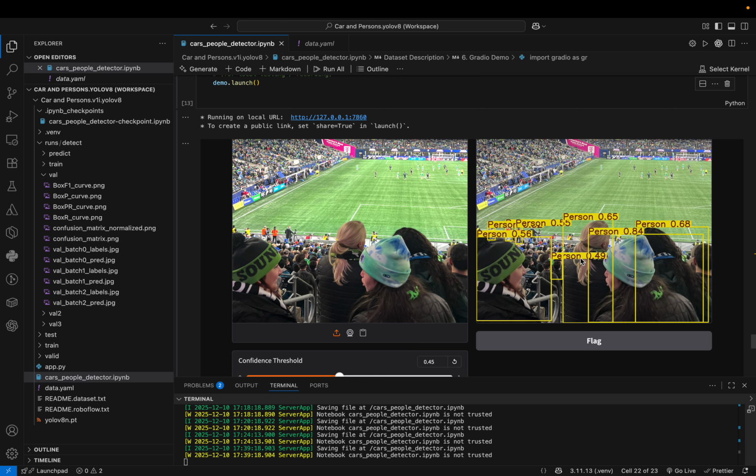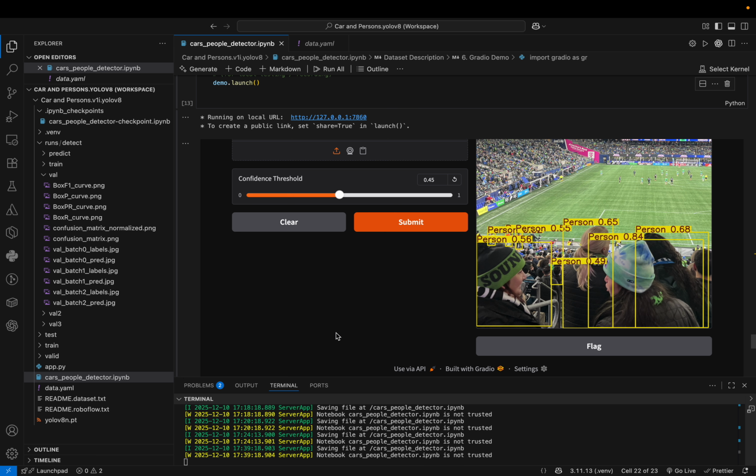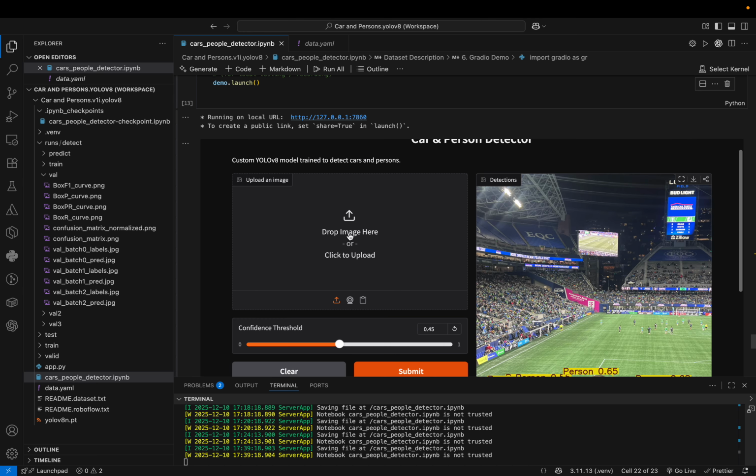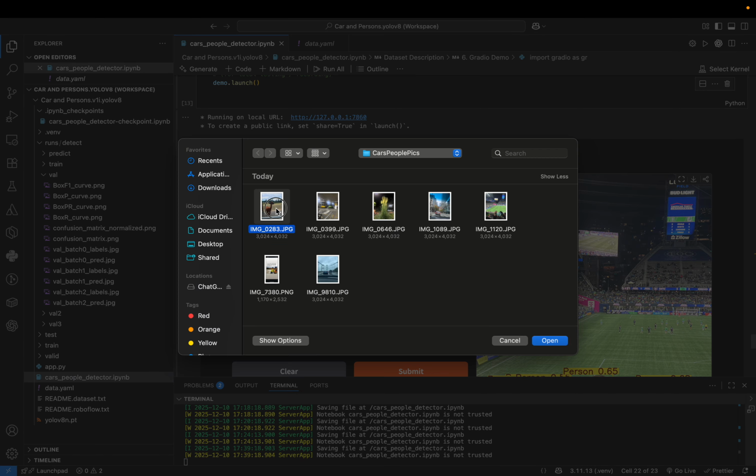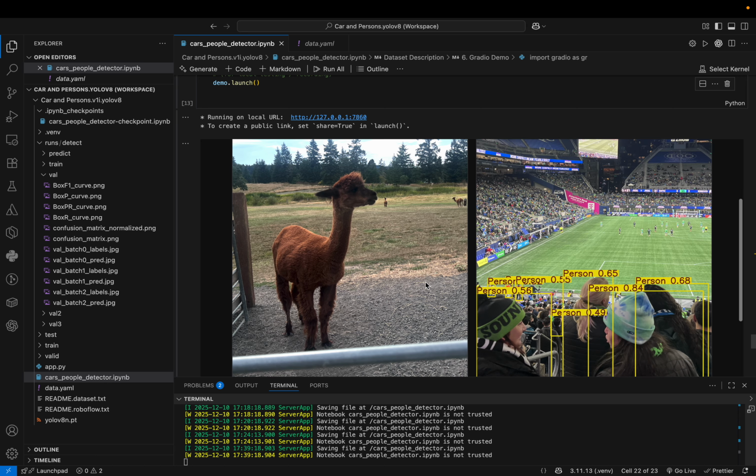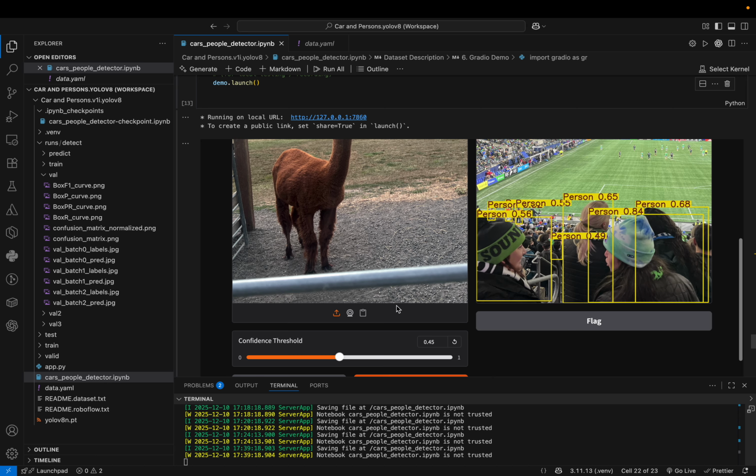I get 0.49. I also tried with an image that is not a car or a person, this animal, and see how the model does. It detects it as a person with 54% confidence, which is not so good for the person class.